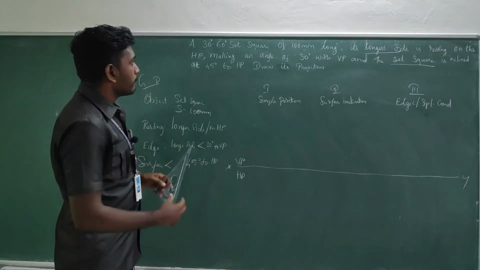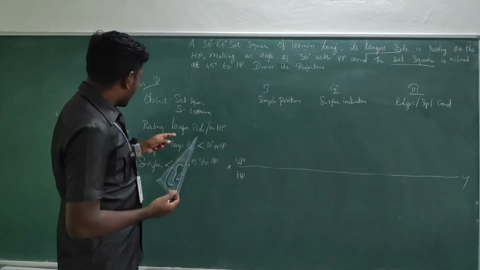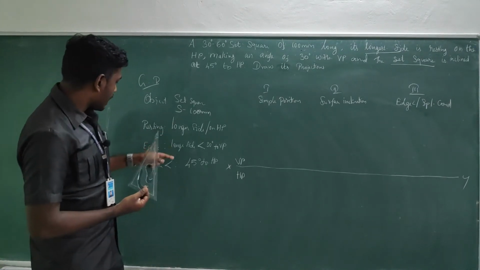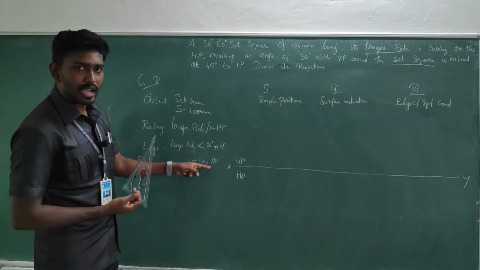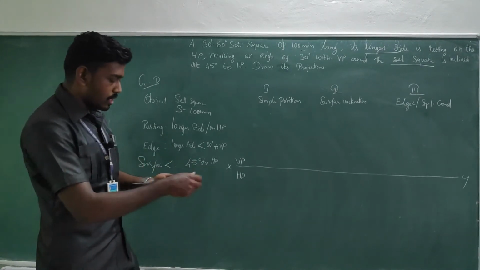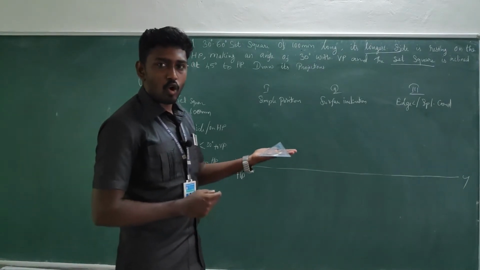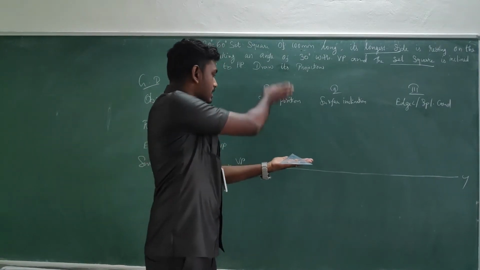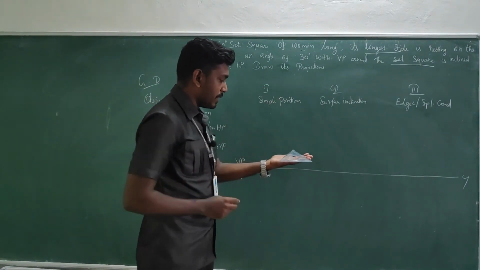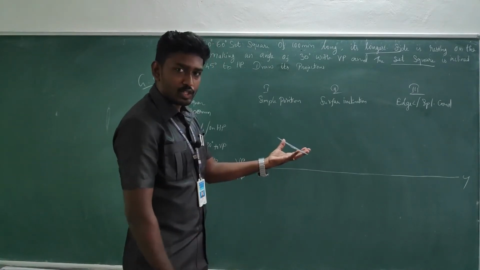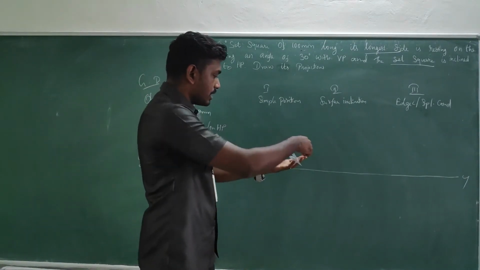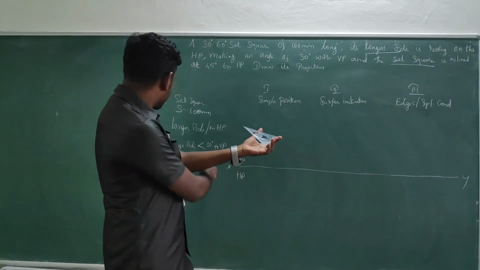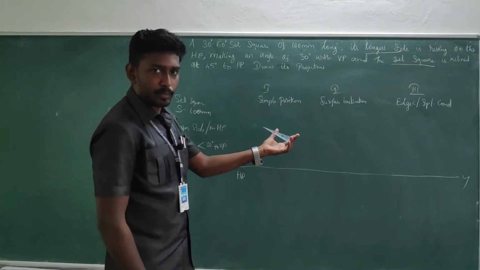So here in this question, it is resting with one of the longer side, and the surface is inclined to HP. So when you are placing the object in the first quadrant, if I take my hand as a horizontal plane and this board as a VP, vertical plane, I can say this is how it is placed, and the longer edge which is resting on HP is tilted, something like this the question is saying. So this is the exact position.